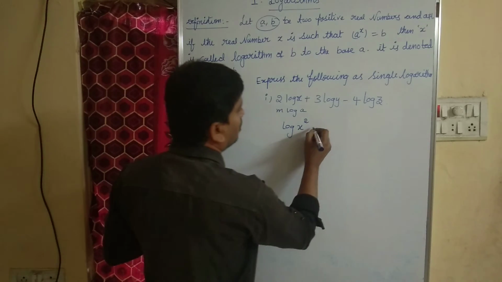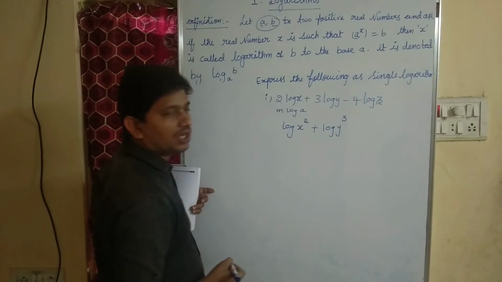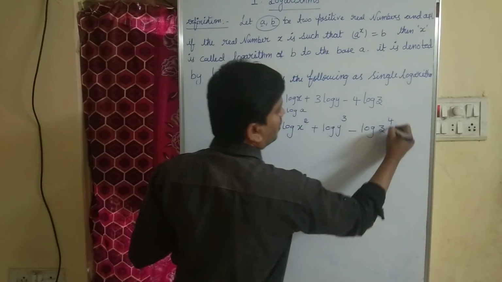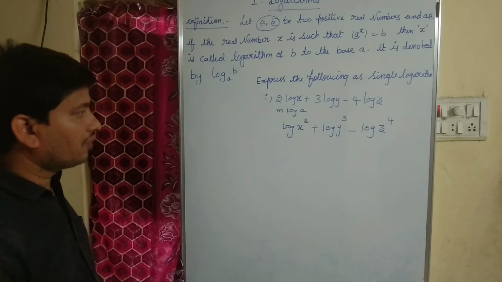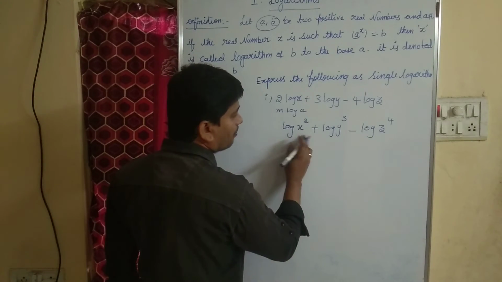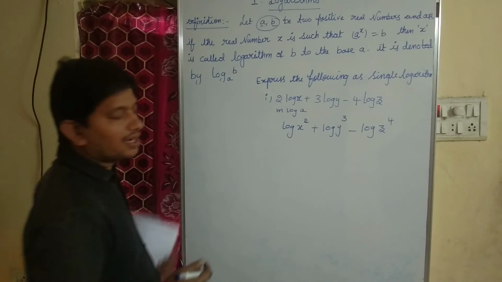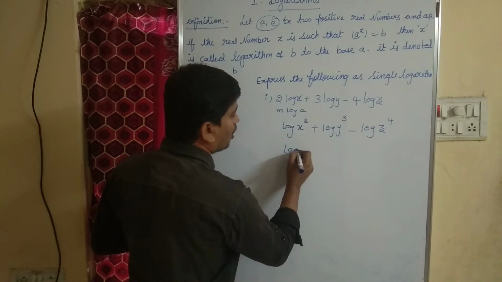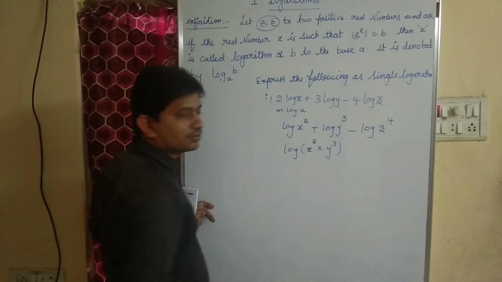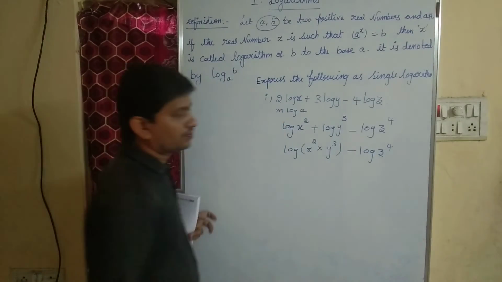Here also 3 log y I can write as log y to the power of 3 minus log z to the power of 4. Now if you observe here, which is in the form of log m plus log n, I can write as log m into n. I mean log x square into y to the power of 3 minus log z to the power of 4.